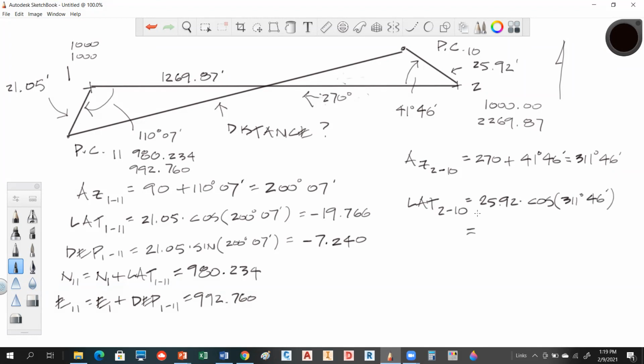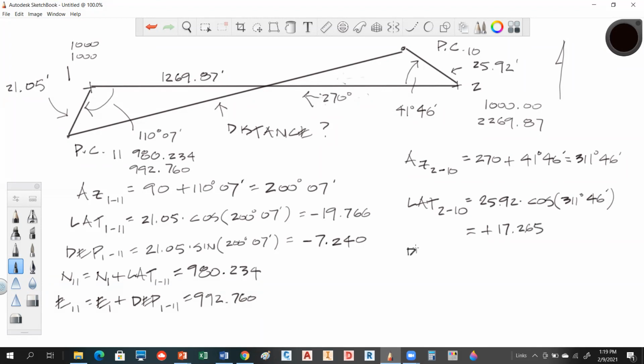And that's going to equal, now it looks like it should be a positive number. I get a plus 17.265.